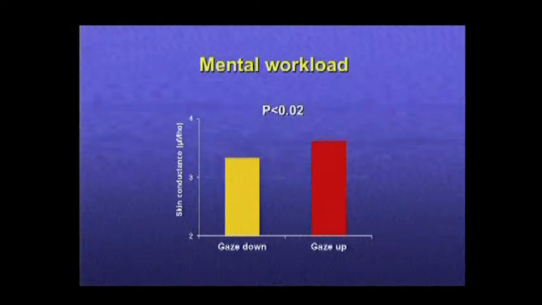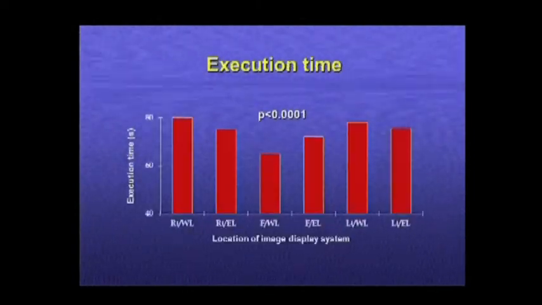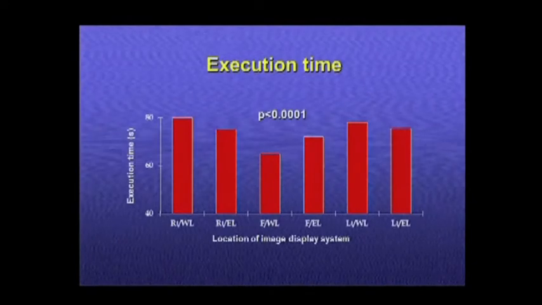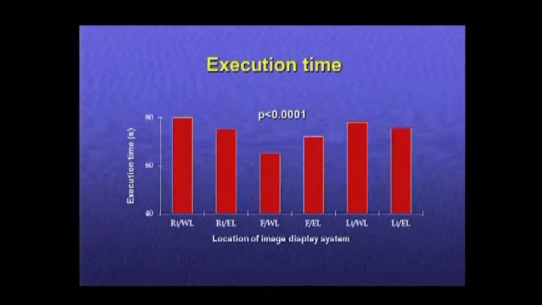So this is gaze down and this is gaze up. So the change in the mental and physical workload results in less execution time with the monitor in front of the patient and very close to the working space.